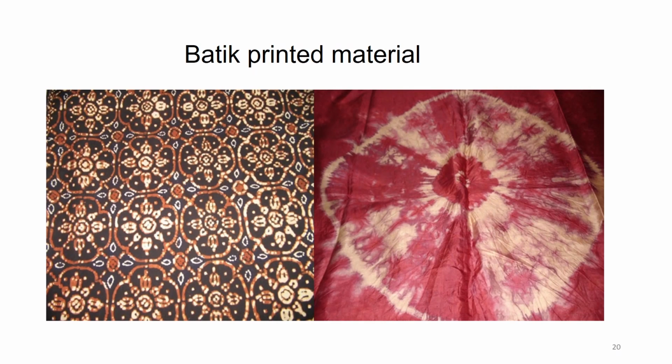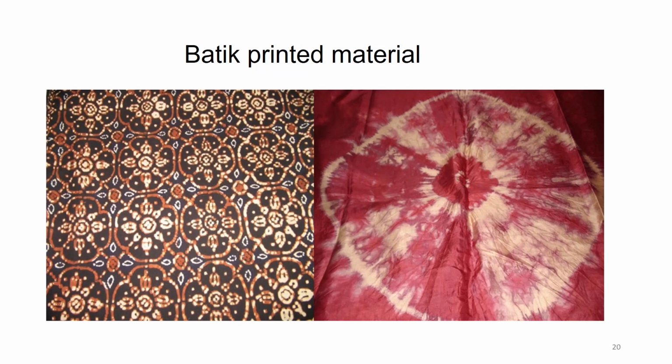On the left hand side is the batik dyeing and on the right hand side is the tie and dye. So, you tie the fabric at certain positions, whichever design you wish to prepare, and those tied positions will not take up the dye. So, they will appear as white color. The same is the case in batik dyeing and printing.